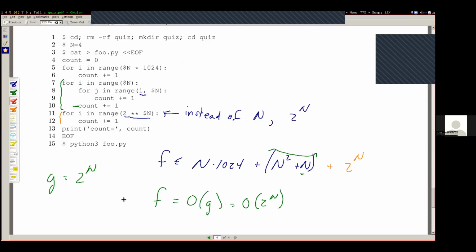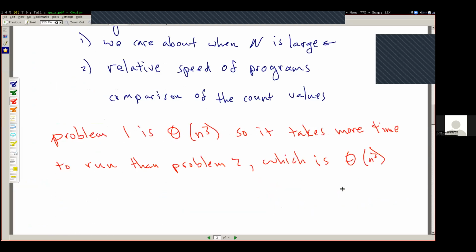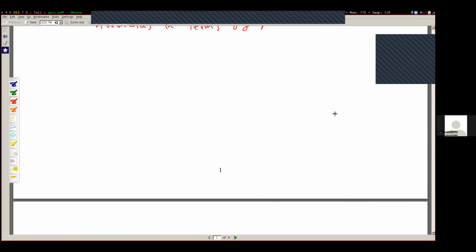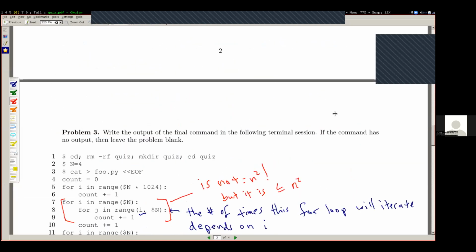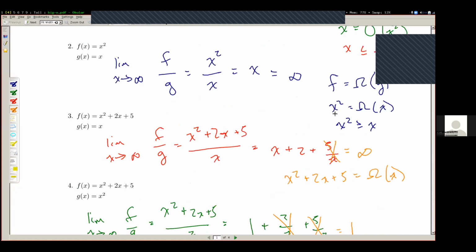So the intuition here is that this exponential 2 to the n is going to take a lot of time. Quadratic is like a medium amount of time. Cubic, also medium amount of time, but more than quadratic. And if we had something that was linear or less than linear, then it would be very fast.